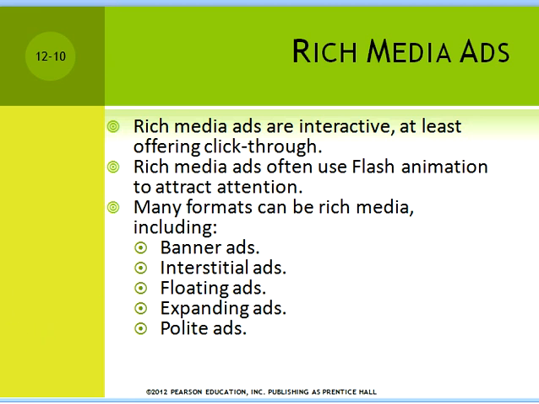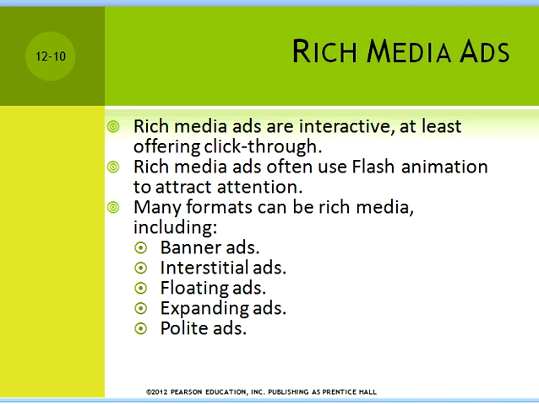Apart from the banner ads, we also have rich media ads. Rich media ads are interactive, at least offering a click through. These are not just graphic ads, but they are linked so that when you click on the ad, it takes you to their website where they can provide you more information. Rich media ads often use flash animation to attract attention. Many formats of rich media include the banner ad, the interstitial, floating ads, expanding ads, and polite ads.